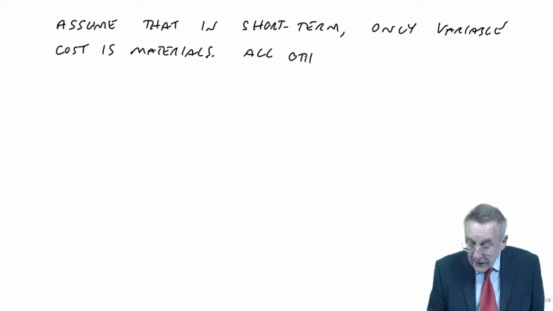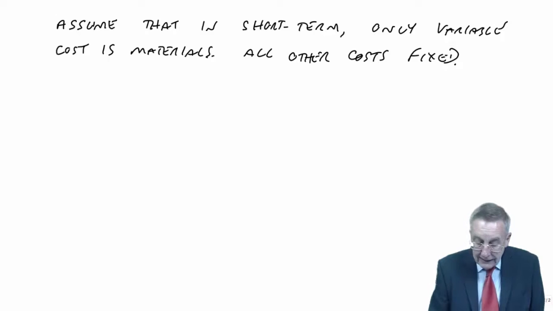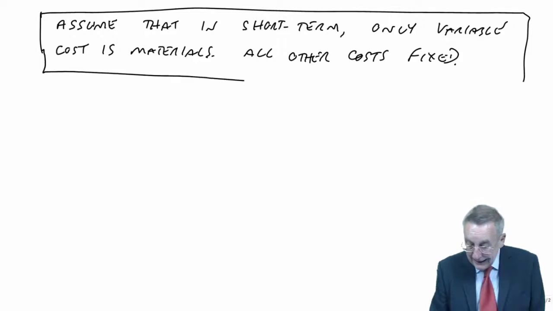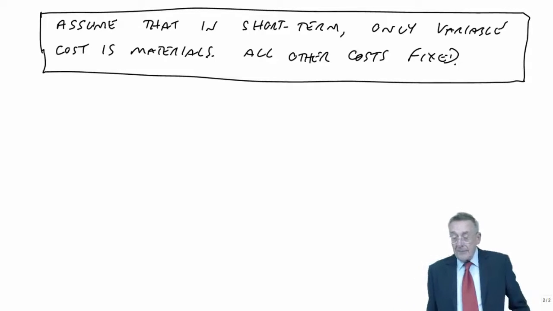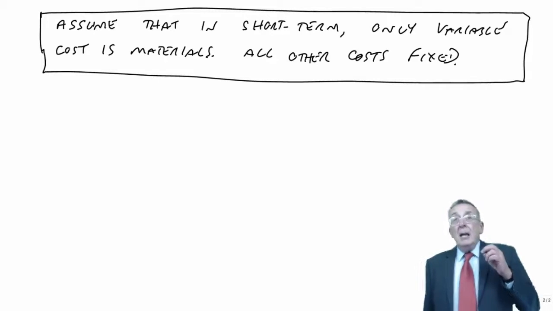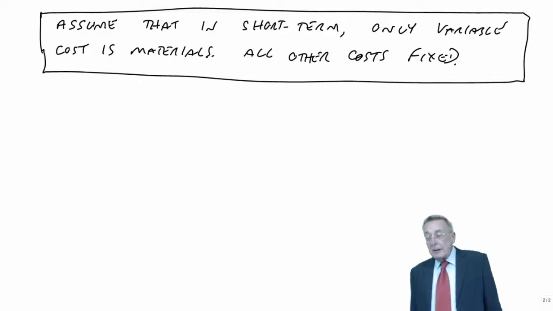All other costs are fixed. Now, if I said that too fast, go back and replay that a little bit. That's the big assumption we make in throughput accounting, which I think is more realistic for most businesses. You know, in the short term, the labour bill's fixed and so on.